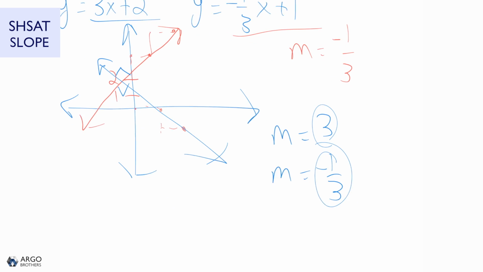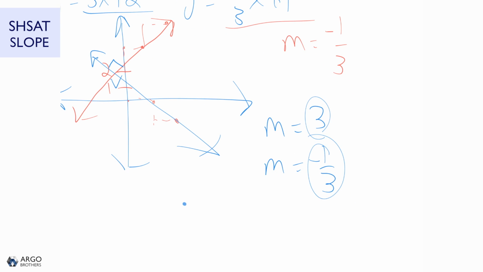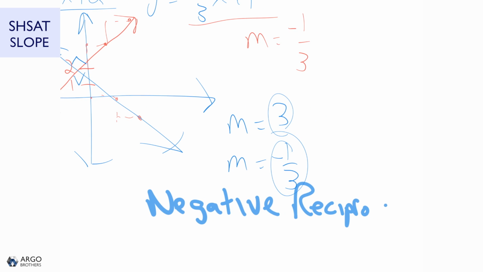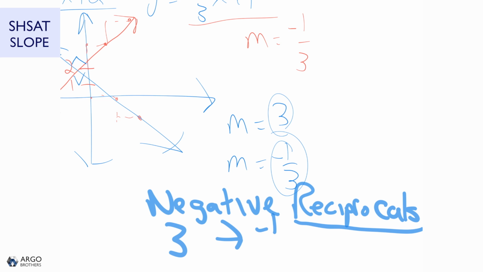Well, it turns out they're negatives of each other, but not only that, they're negative reciprocals of each other. Which means that if one is 3, we take the negative of 3 and then we flip it. To reciprocate means to flip it. So we go to negative 3 and then we flip it. If you flip negative 3, you get negative 1/3. Okay?